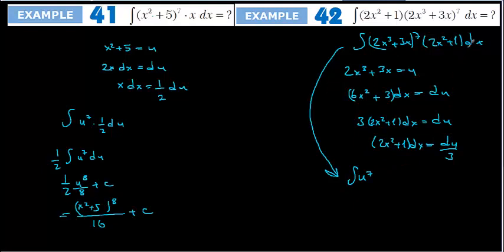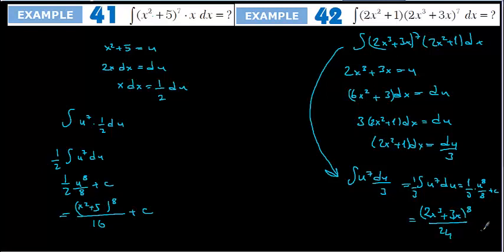And (2x squared plus 1) dx, here it is, is equal to du over 3, so it's equal to 1 over 3 integral of u to the power of 7 du, which is 1 over 3 times u to the power of 8 over 8 plus c, which is going to be equal to u to the power of 8 over 24, where u is equal to 2x cubed plus 3x, so (2x cubed plus 3x) to the power of 8 over 24 plus c is the answer of the question.